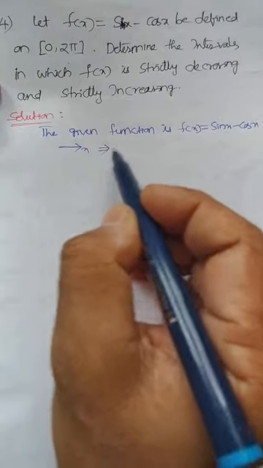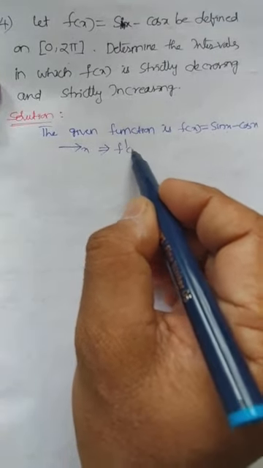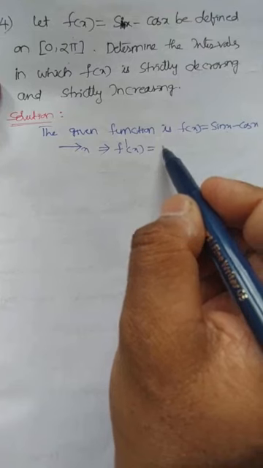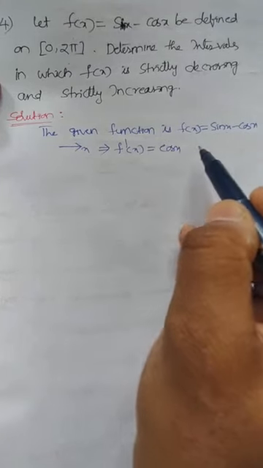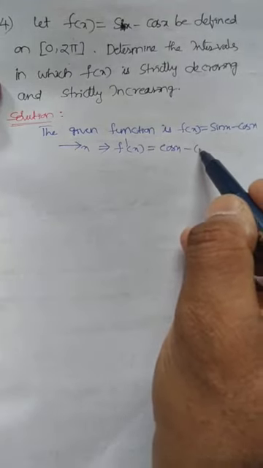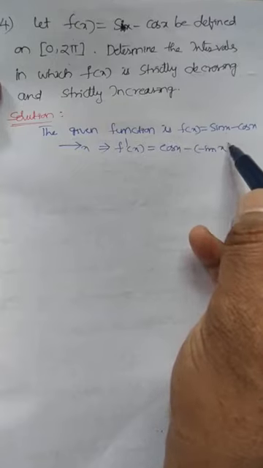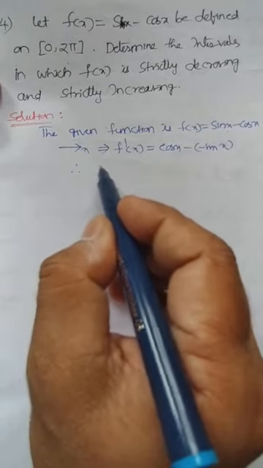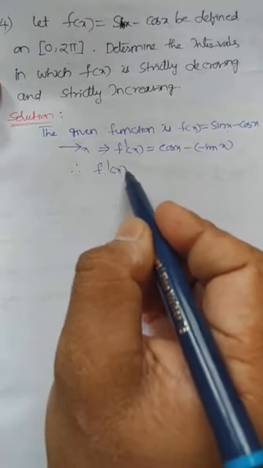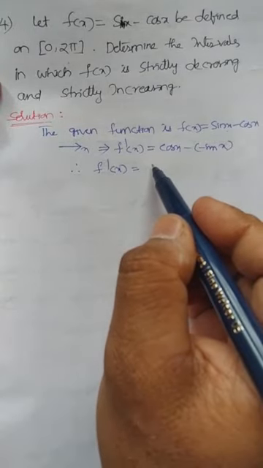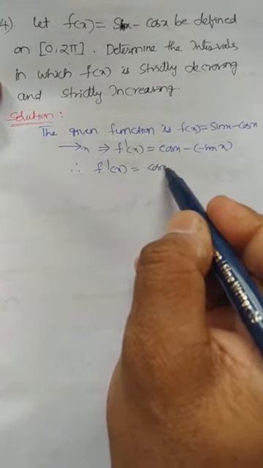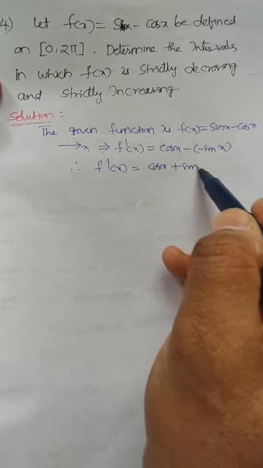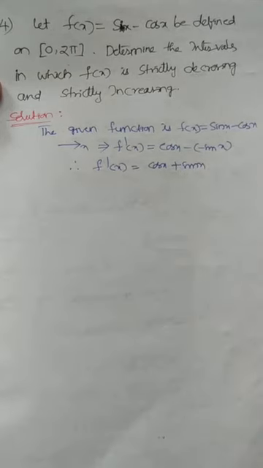I would get f dash of x equals the derivative of sin x, which is cos x, minus the derivative of cos x, which is minus sin x. So f dash of x is cos x plus sin x. Do you follow?